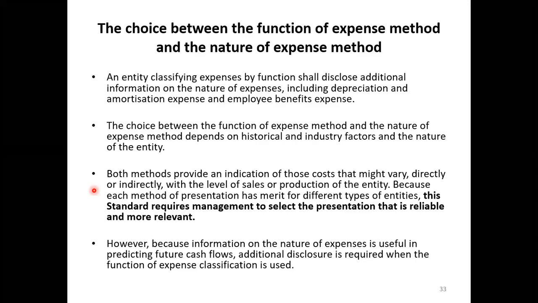However, because the information on the nature of expense is useful in predicting future cash flows, additional disclosure is required when the function of expenses classification is used. So when you look at the cash flow statement, you can find two types of statement: direct method and indirect method.